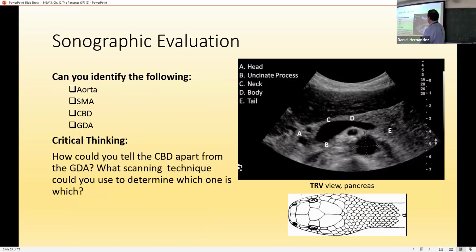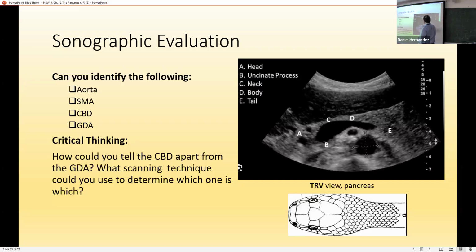So just a little practice, can you identify some of these structures here? Transverse pancreas, got our aorta. Now I want to look at structures for the pancreas. A is a portion of the pancreatic head, uncinate process, posterior to the portal vein or confluence.